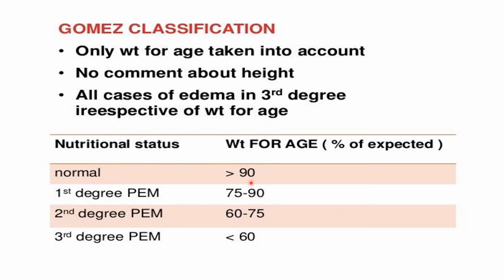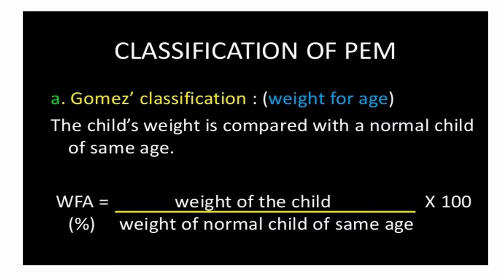Less than that is first degree PEM, protein energy malnutrition, and second degree protein energy malnutrition. If it is lesser than 60 percent, the child is considered severely malnourished, or third degree protein energy malnourished.